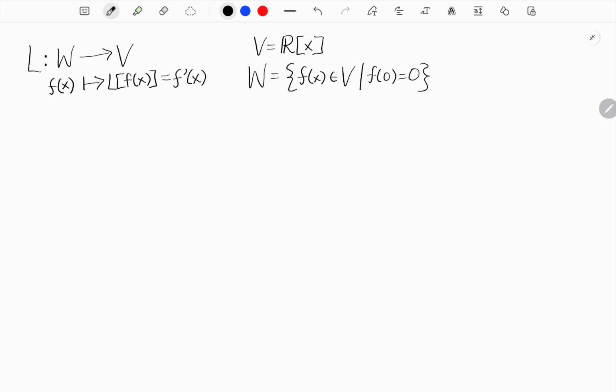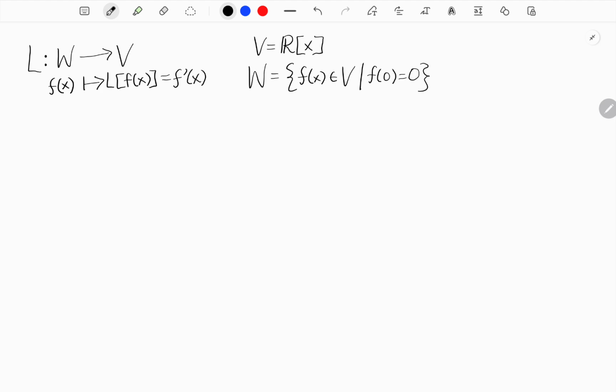So essentially, this transformation L takes f and maps it to its derivative. Okay, and if f of x is a polynomial, then its derivative is also a polynomial. It's just going to be one degree less. So that's what we have right over here.